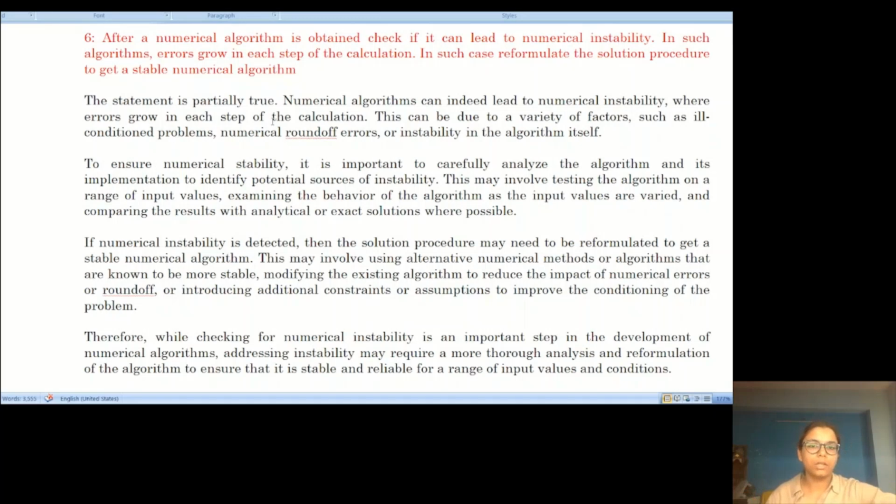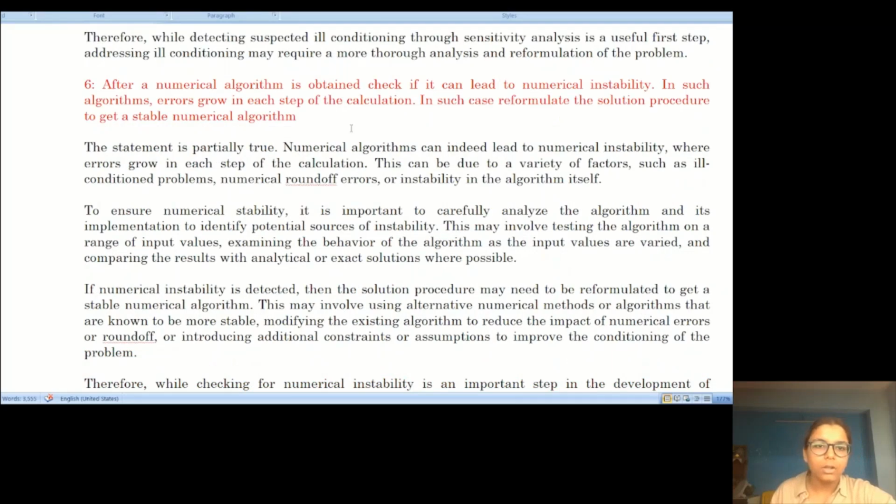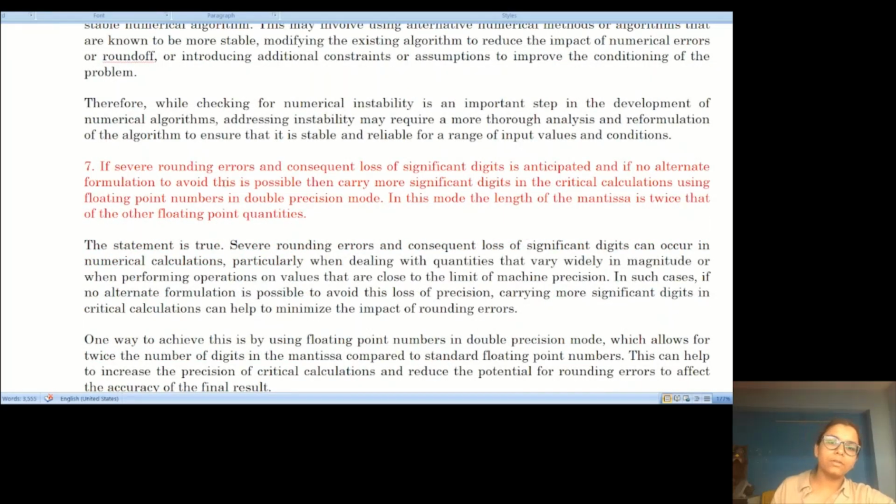Therefore, when you're writing a numerical algorithm, it is necessary to check for numerical instability, and for that matter, the sixth question is true.